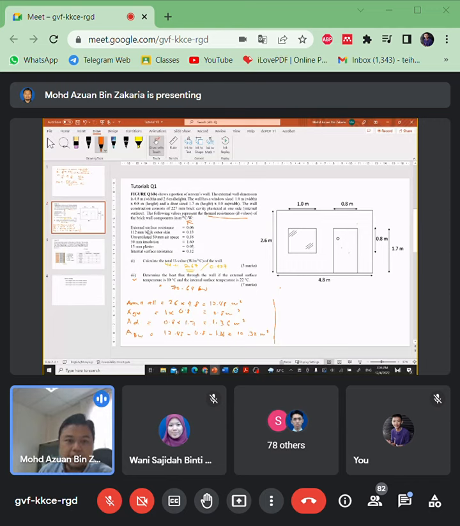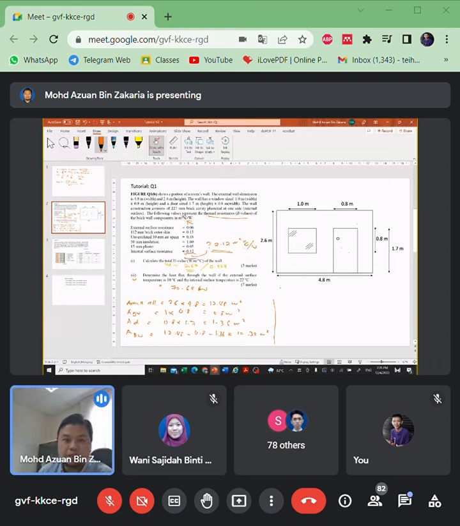So external surface resistance, brick outer skin, ventilated space, insulation, plaster, internal. Just sum all of this. So what is the value? 2.12, meter squared. This one is using degree Celsius, but no worries, just follow the unit.